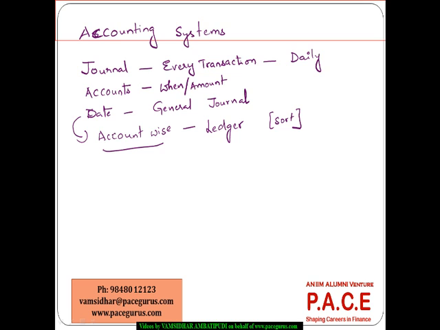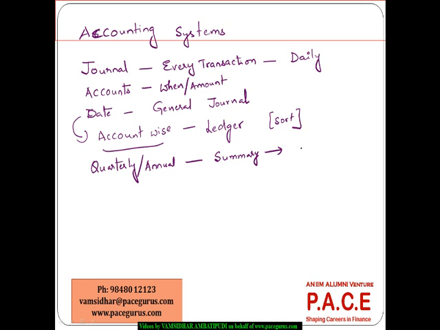Then at the end of the accounting period, sometimes it could be quarterly or annual, whatever the accounting period is, there is a summarization of every account, a summary of each account.